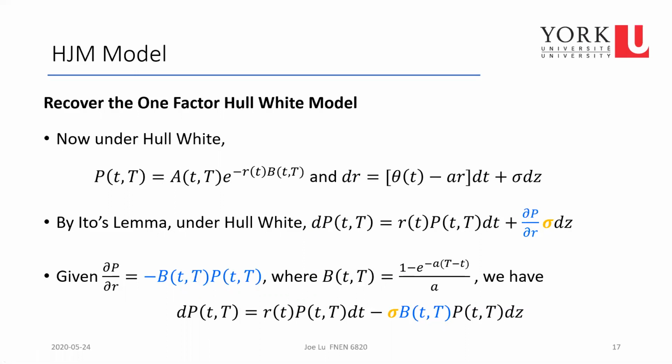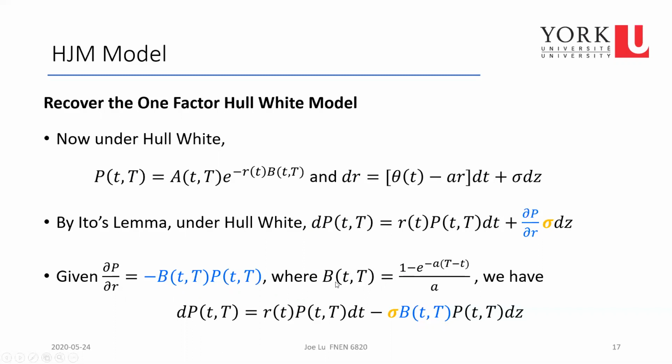So the question then is this partial derivative, which takes this form and is really this minus B times P from here.